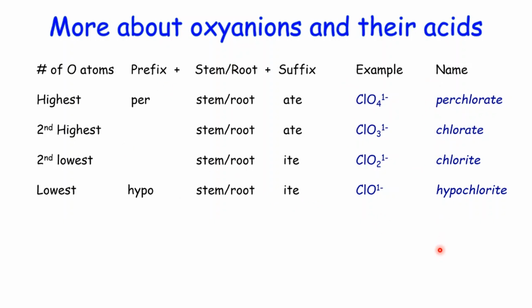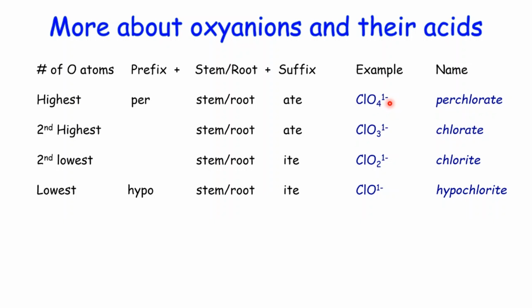Okay, let's take a look at the number of oxygen atoms. Let's start from the highest one to the lowest one. So this is the first one, ClO4, 1-.